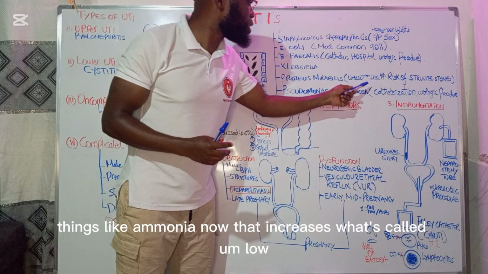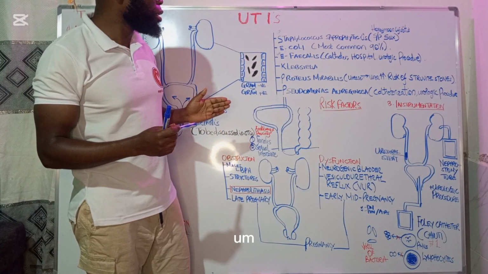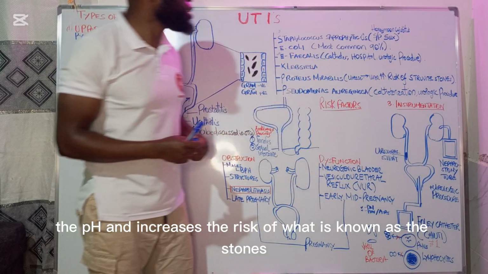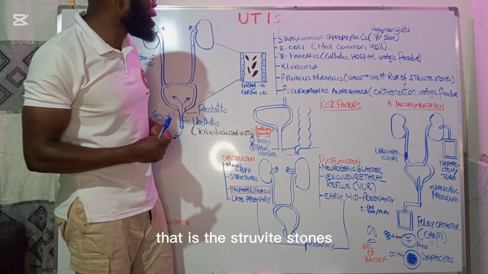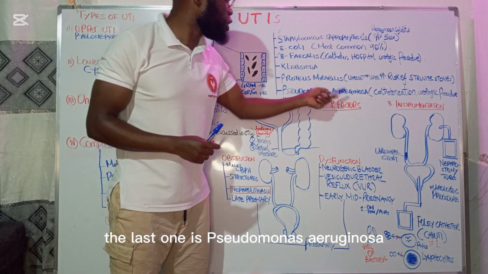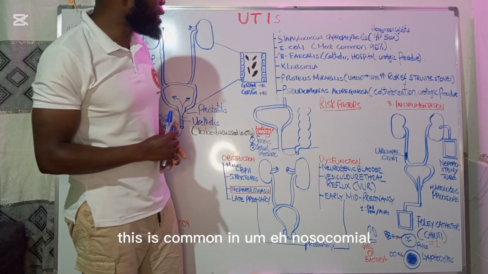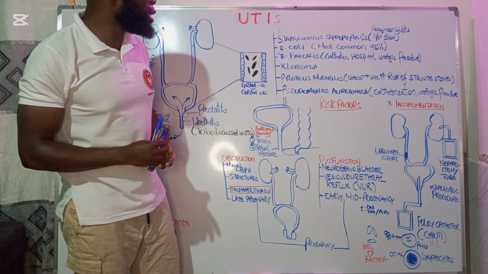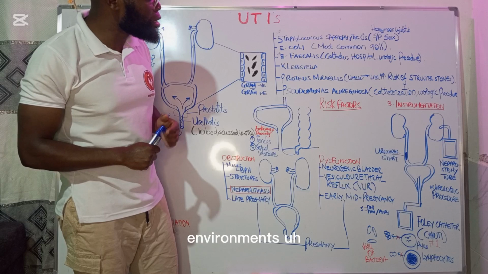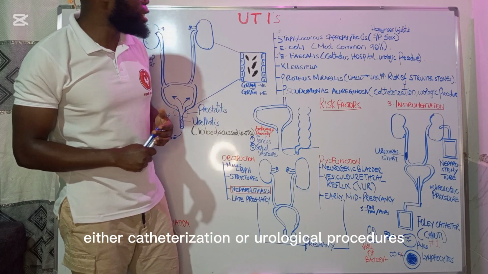Now that increases the pH and increases the risk of what is known as stones, that is struvite stones. The last one is Pseudomonas aeruginosa. This is common in nosocomial environments, either catheterization or urologic procedures.